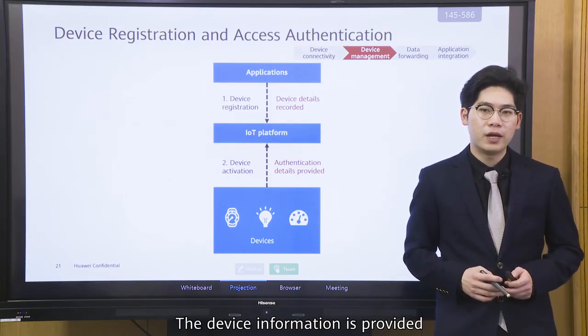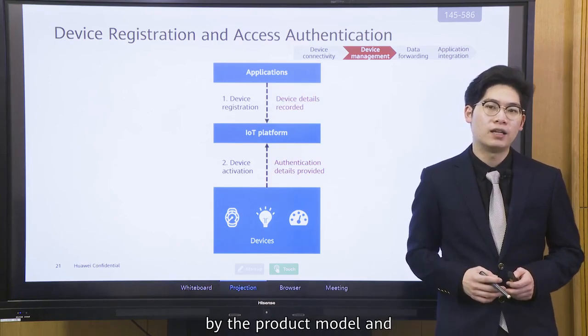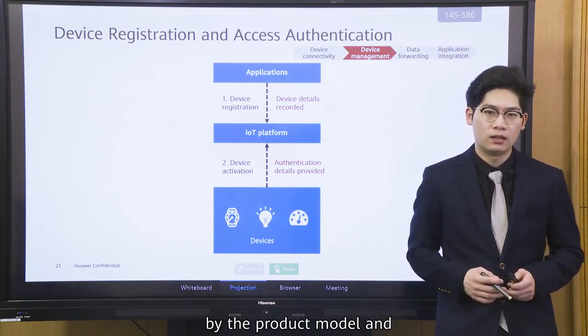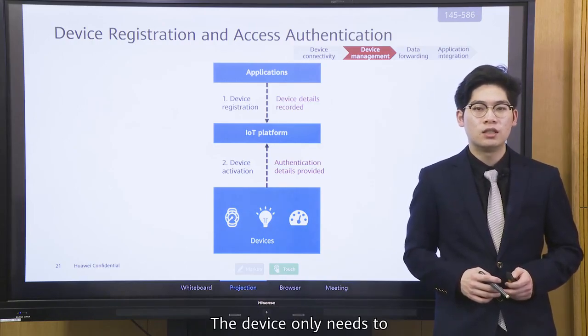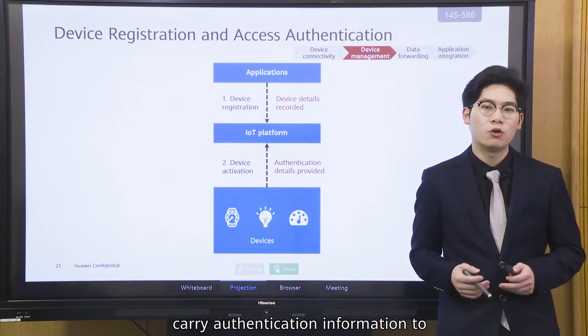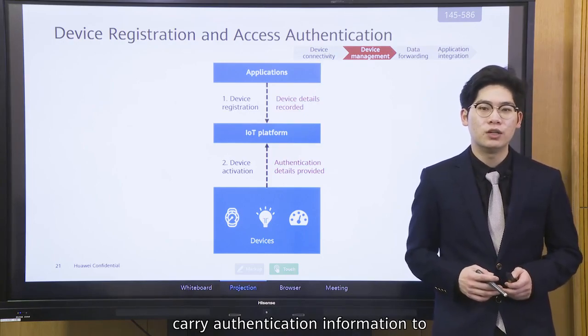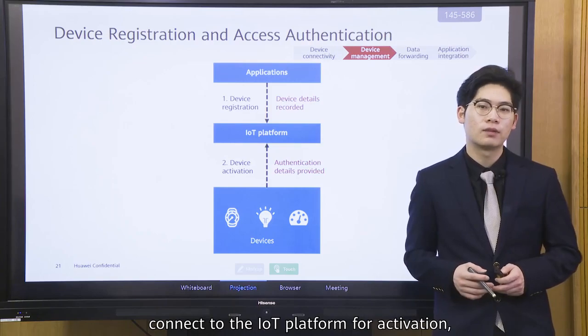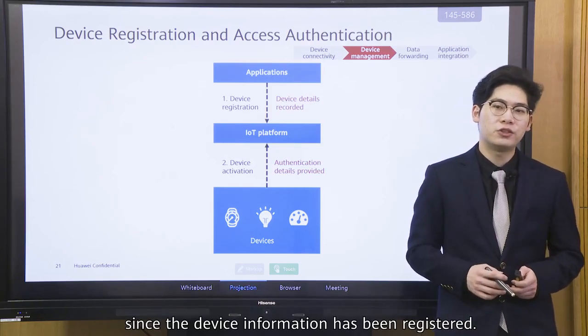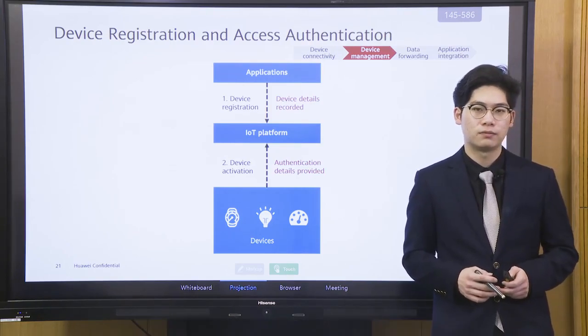The device information is provided by the product model and registered on the IoT platform. The device only needs to carry authentication information to connect to the IoT platform for activation, since the device information has been registered.